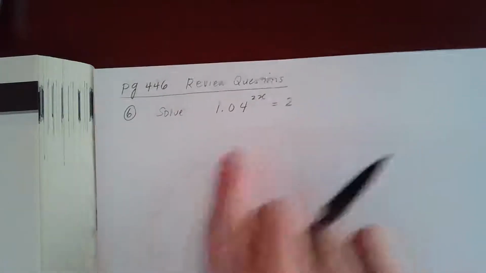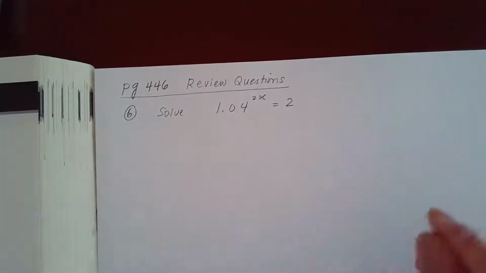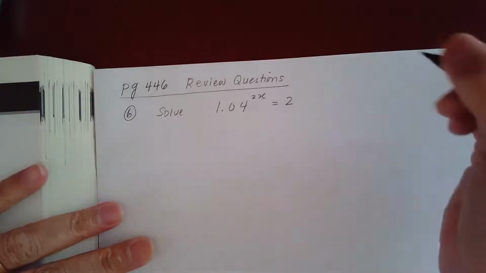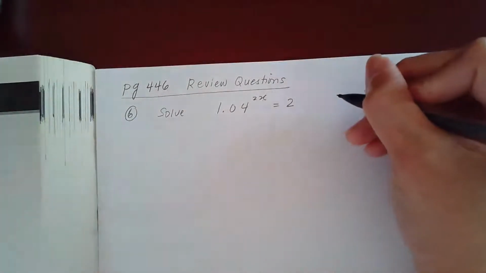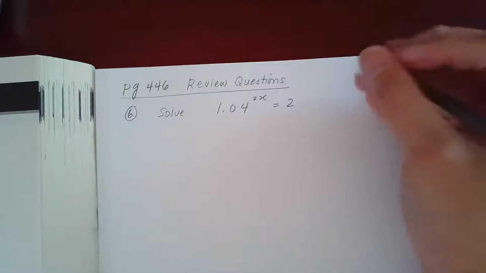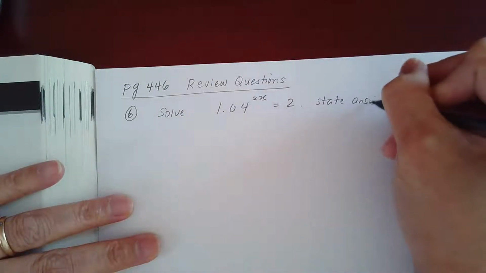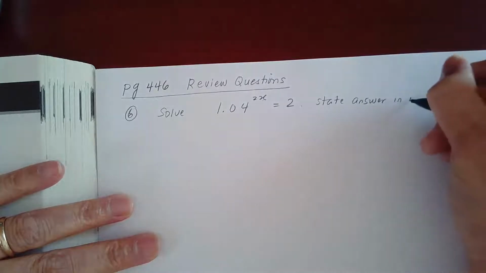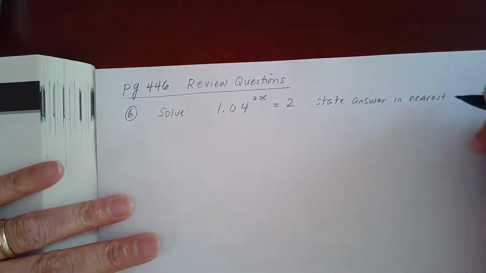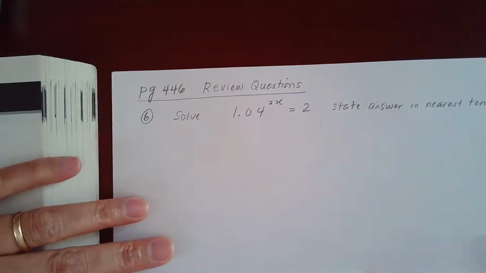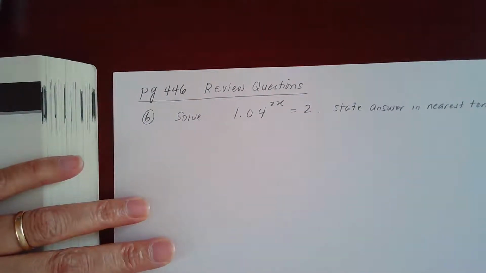I don't know if that's an exact value. Most likely not, but the book says state the answer to the nearest tenth, so I'm already thinking that it's not a nice whole number answer.